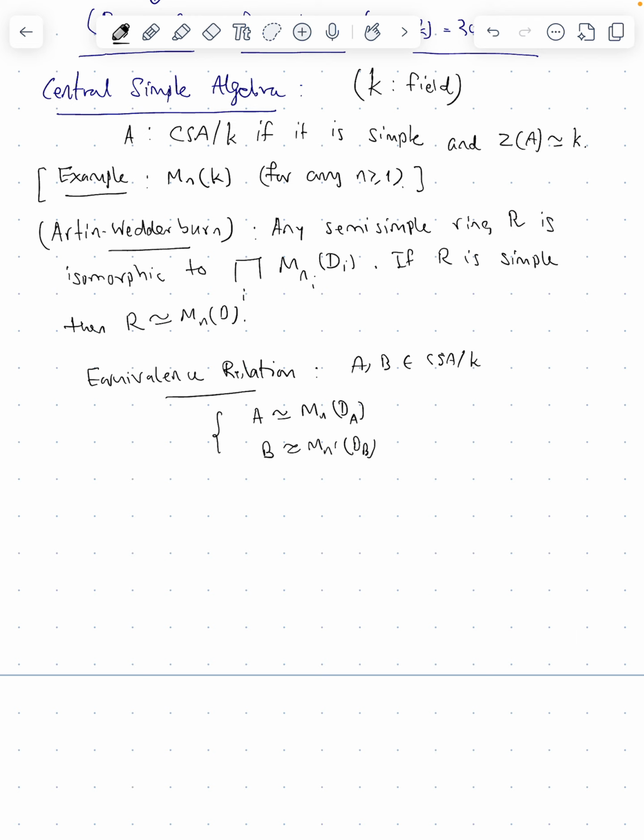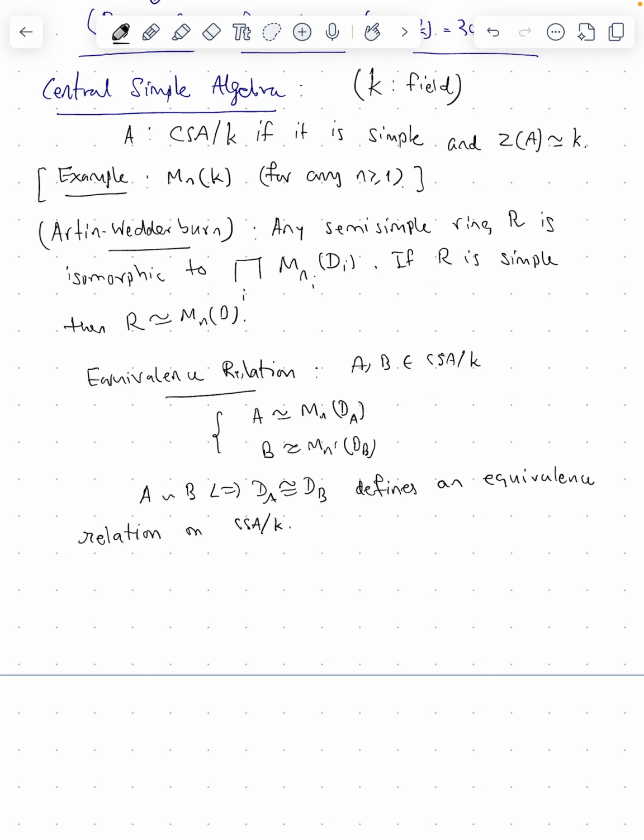And now we define the equivalence. We say A and B are equivalent if and only if D_A and D_B are isomorphic. And one can easily check that this defines an equivalence relation on the set of all central simple algebras.